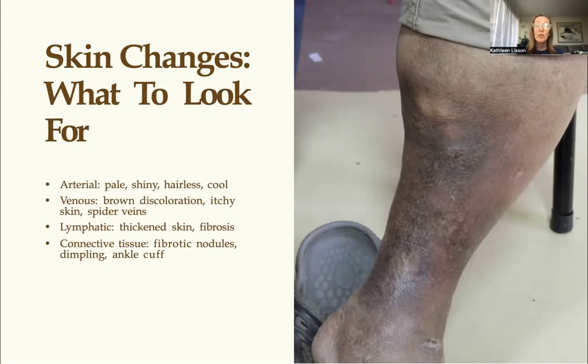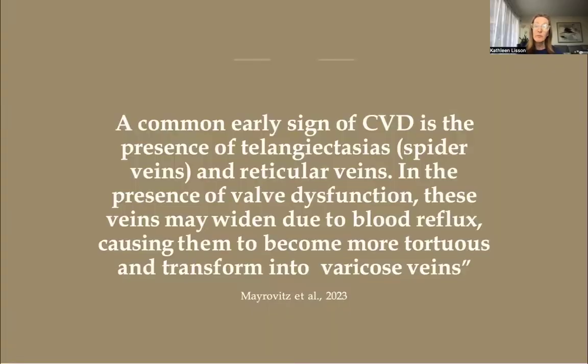You can also see dimpling of the skin, and you can see an ankle cuff or a cankle in some types of lipedema. They can still have lipedema and not have these symptoms, but these are some of the skin changes that we may see. I want this to pique your interest and maybe start a discussion with them about whether they should talk to their medical professional about these diseases.